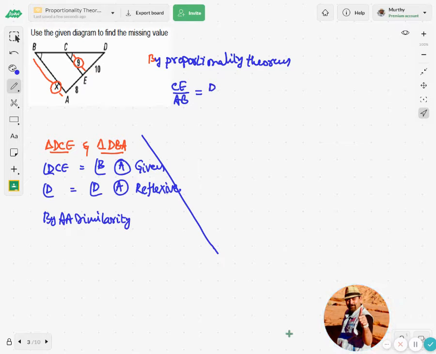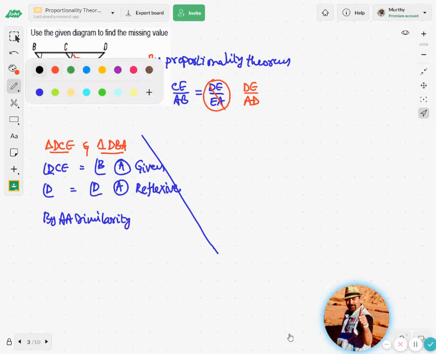So DE over EA, if you write this one, this is going to be for sure wrong, because DE is one side of the small triangle, but EA is not one side of the large triangle. Instead of this one, you have to take the whole, which is DA or AD, one and the same.